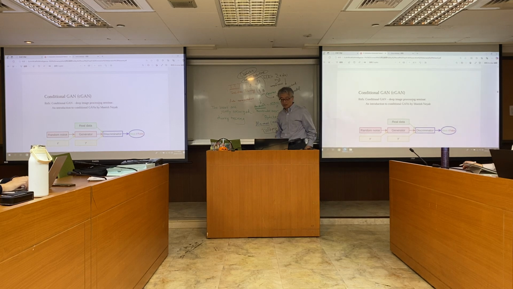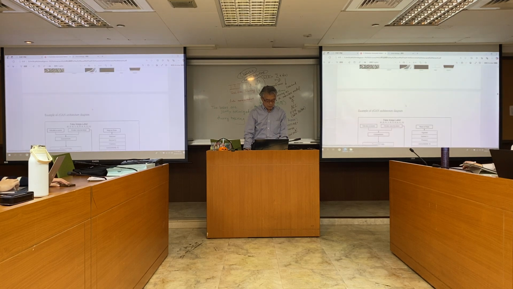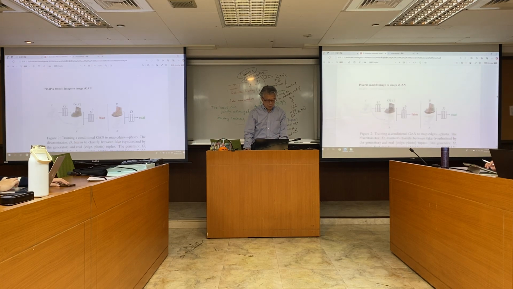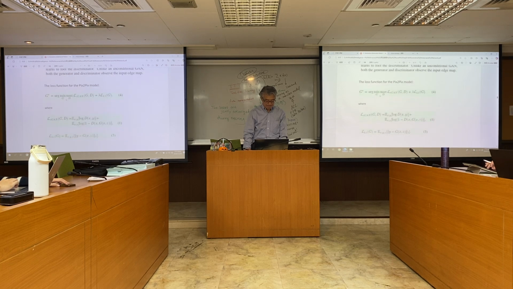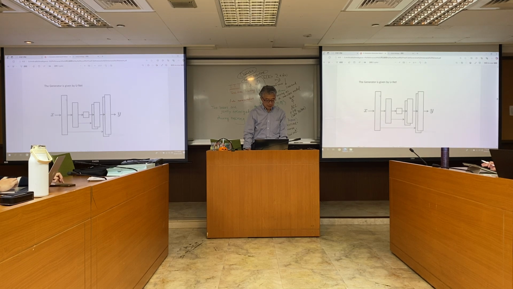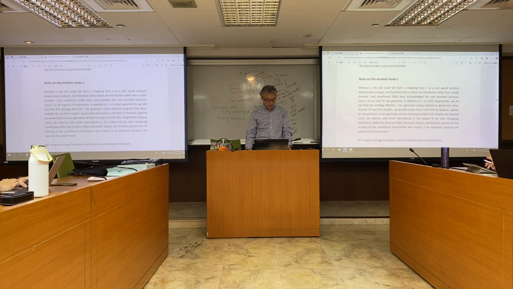Okay, go back to here, and I will elaborate later. Let me go through it very quickly. This is the pixel to pixel model, the U-Net. Finally it tries to identify and expose the edge as clearly as possible.